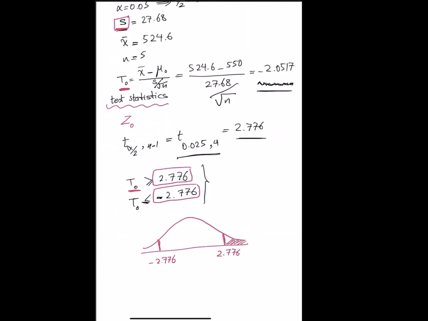And this is the area in which we reject. So if the value of this T statistic is anything greater than this or anything less than this, then I'm in the rejection area. Okay, so then in this scenario, we reject the null hypothesis.